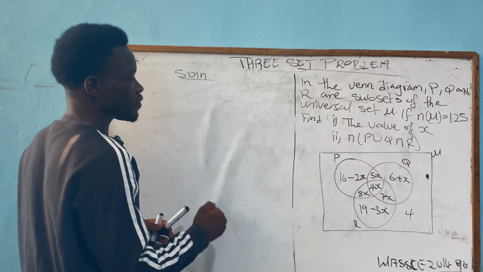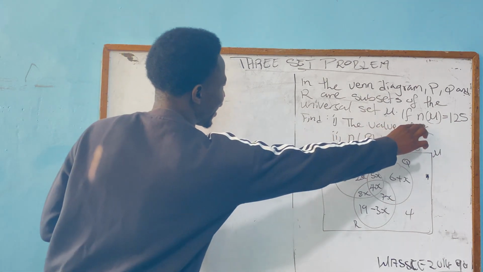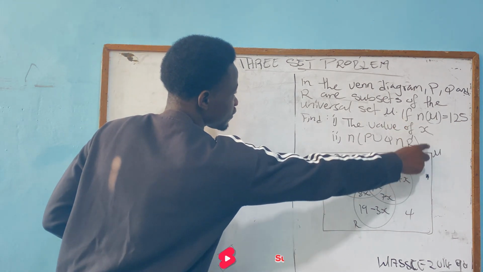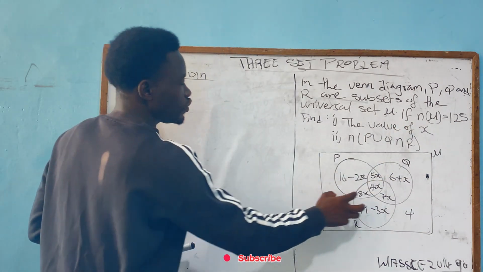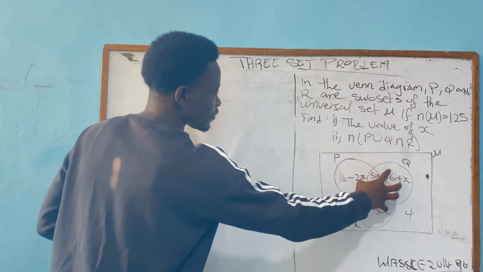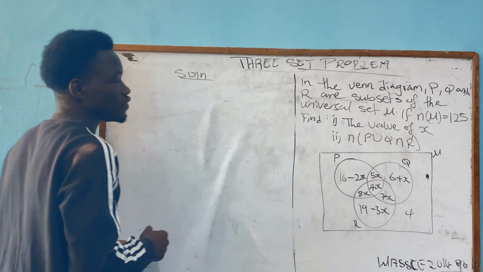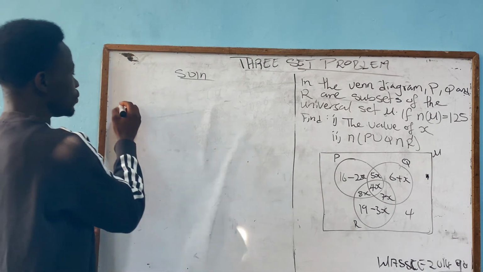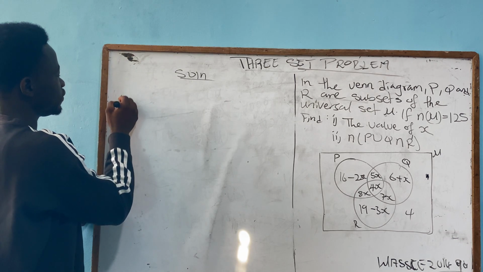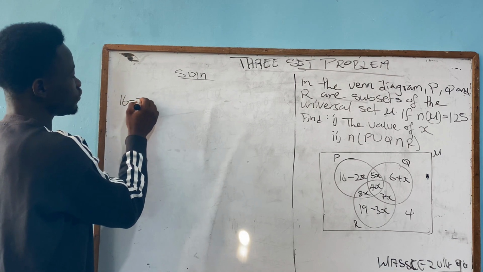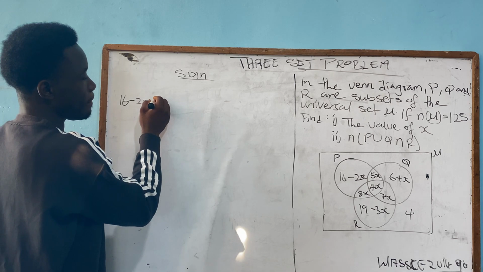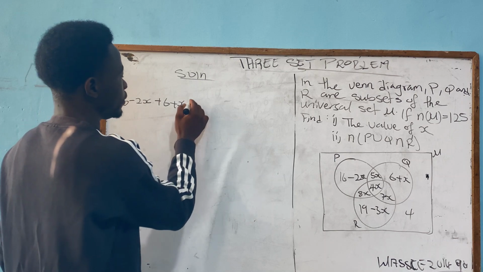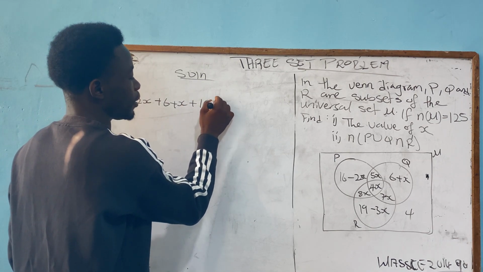Now the first part of the question, which enlightens our eyes, says that the universal set is 125, which means that when I sum everything inside these three circles, I should get 125. So let me go ahead and do that. I take 16 minus 2x, plus 6, plus x, plus 19 minus 3x.